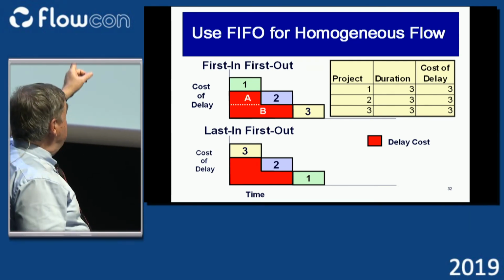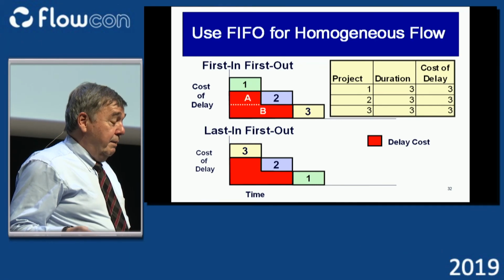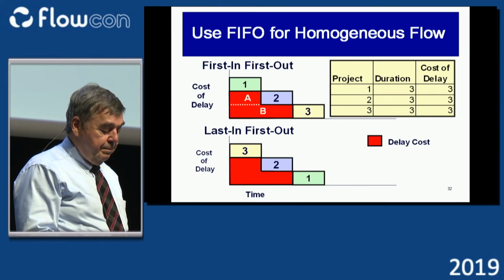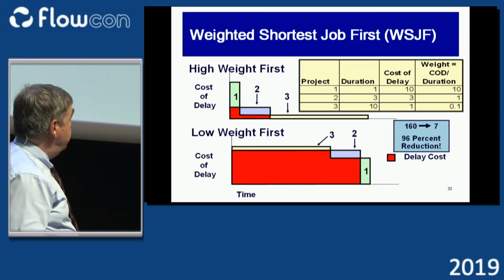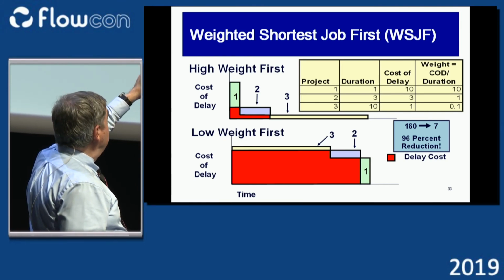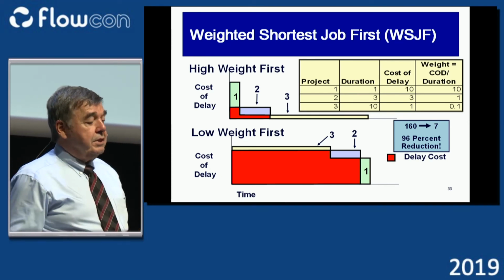These are 3 jobs that are homogeneous, with identical duration and identical cost of delay. And what you see is it doesn't matter what the order is, I'm going to get the same size of red shaded area. So there's no difference in what priority system I use. I move to the world of product development where I have different costs of delay, 10, 3, and 1, and different durations. I then use weighted shortest job first.